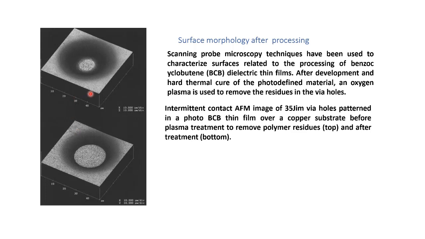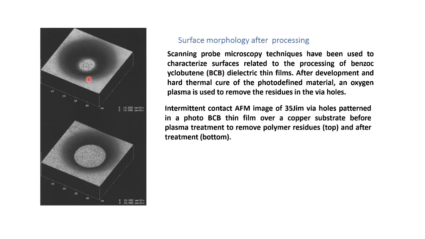Then for the surface morphology, after processing and before processing, we can compare. Since AFM is basically used for surface-based characterization, as you can see here, we have this dielectric thin film. This is benzocyclobutene (BCB).